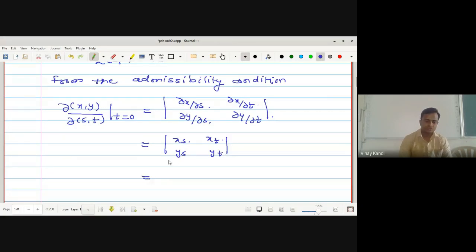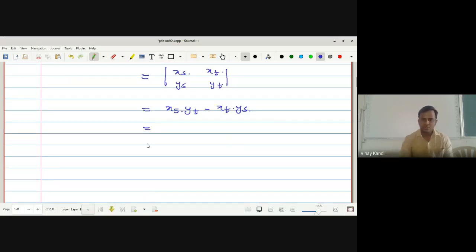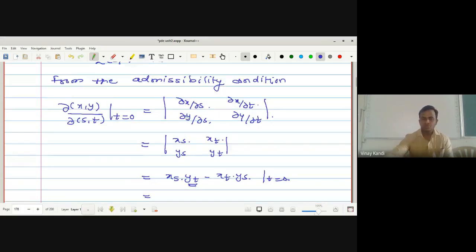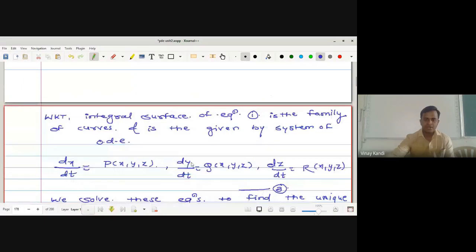After solving this, we get xs into yt minus xt into ys at t is equal to 0. What is yt? Dy by dt is nothing but q. Look at it, dy by dt is nothing but q, and dx by dt is nothing but p.